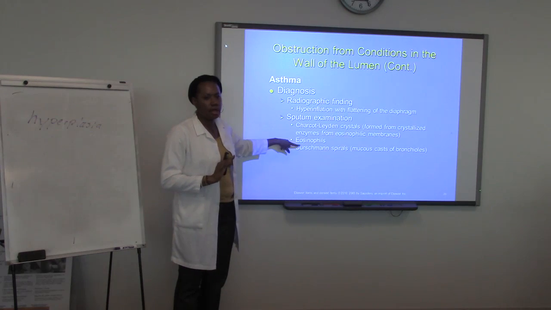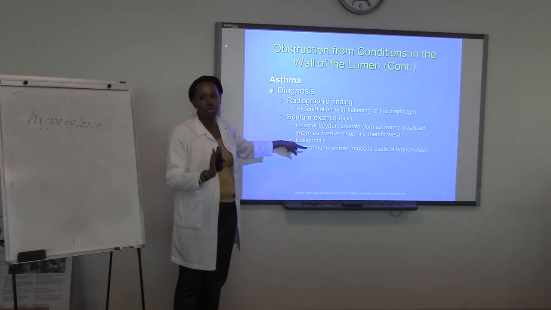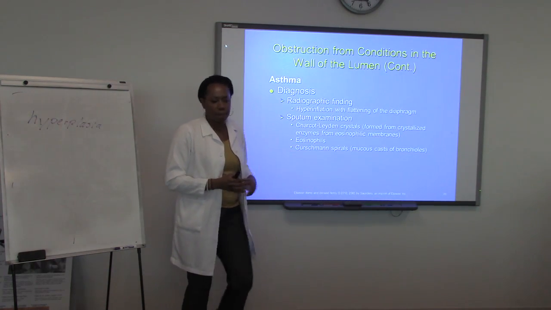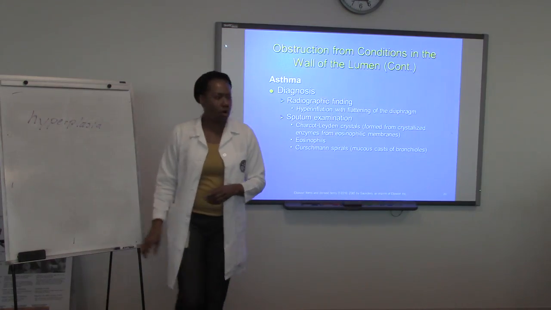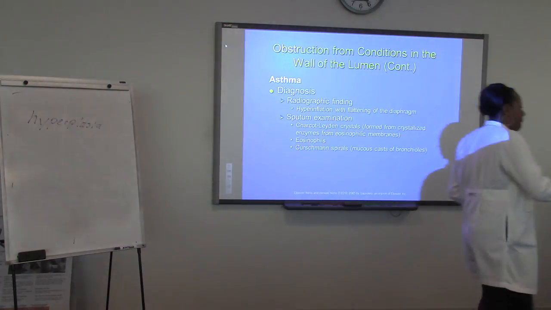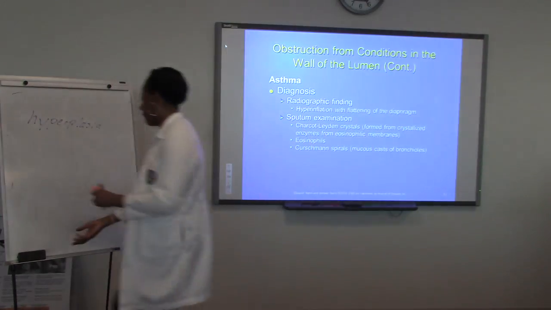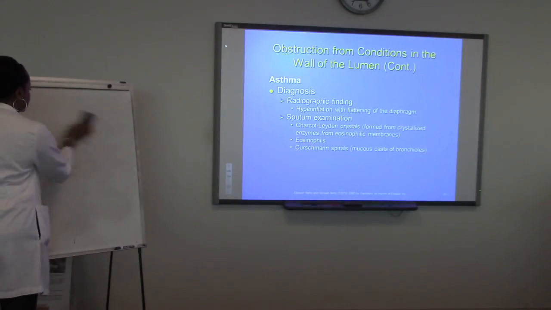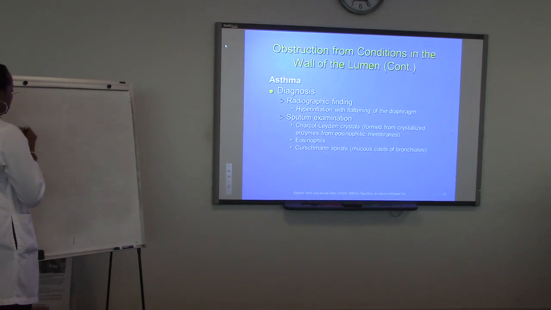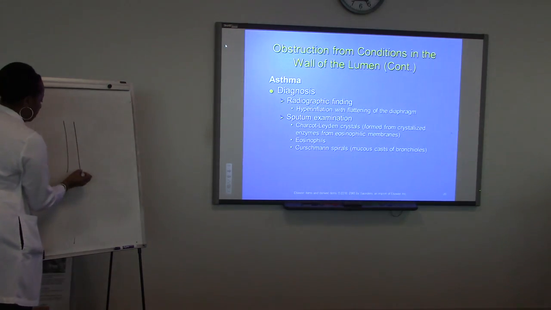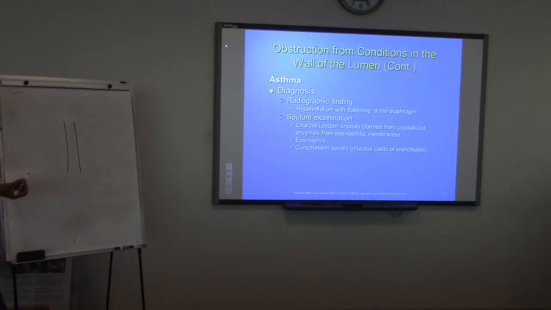They can also have mature eosinophils, and then something called Curschmann spirals. Curschmann spirals are just what we call mucus casts, and let me just draw this to explain. It's almost like dry mucus.